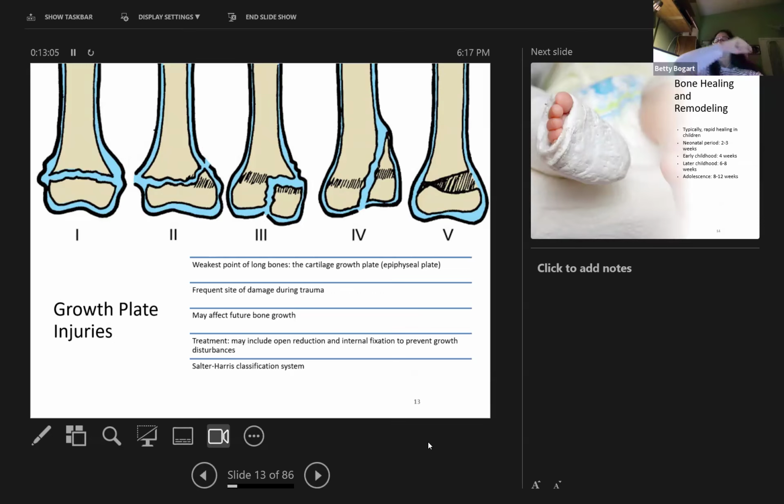Remember, nothing inside that cast: no powders, no lotions, no hangers, pencils. You can't itch like that. What they say is a cool hair dryer, blowing cool air in there. It helps because casts get heated at first, so you feel that heat, even with ice on the outside. So cool air in it. Children tell me that it really helps.